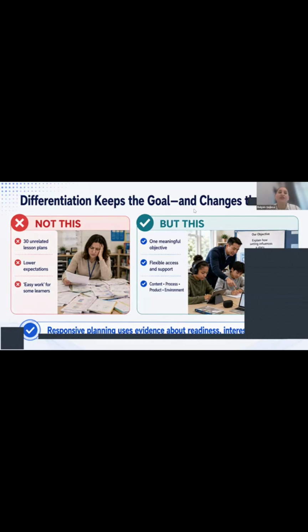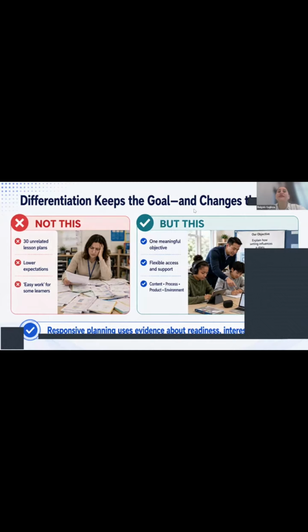For example, Carol Ann Tomlinson identifies 4 areas that teachers can differentiate. The first one is content, what learners work with. The second is process, how they engage with and understand the material. The third is product, how they demonstrate their learning.